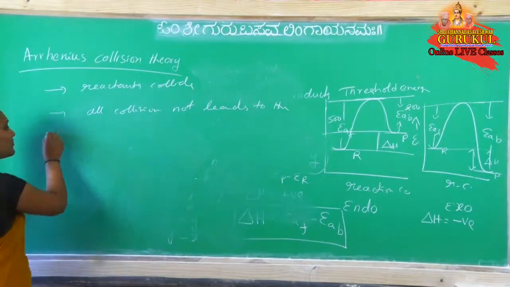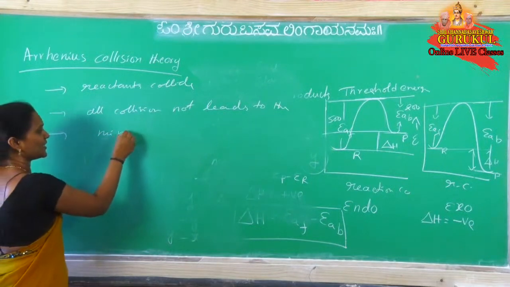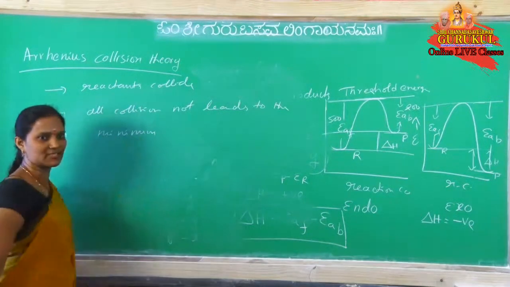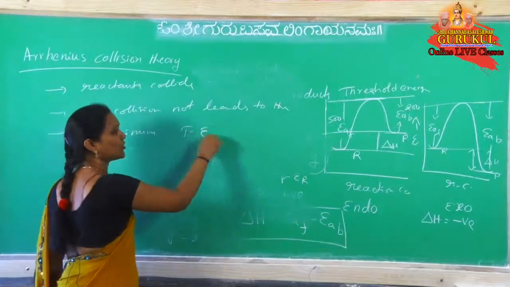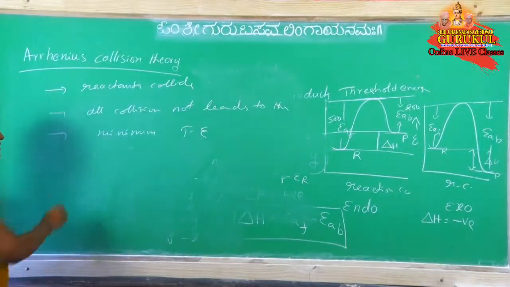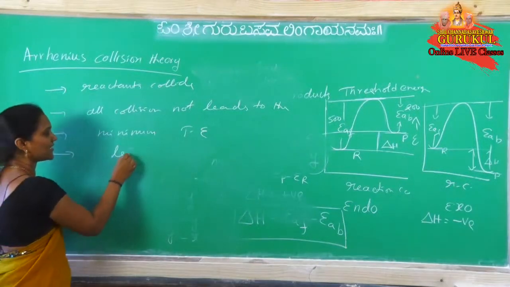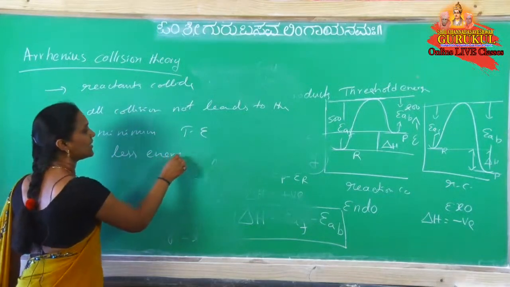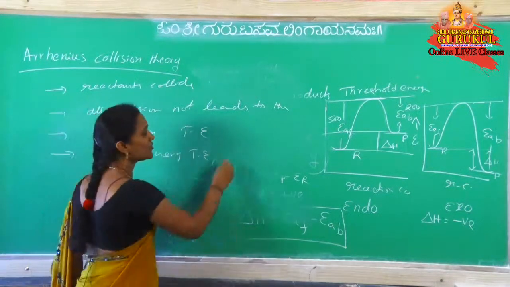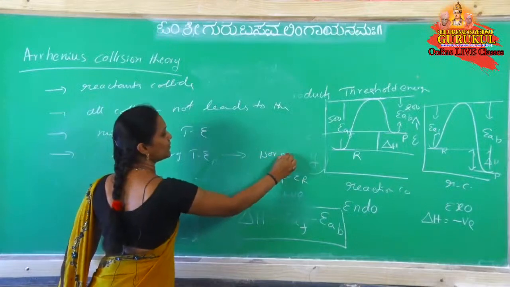Why not? A minimum energy is required to form the products. That minimum energy is called threshold energy. But the problem is most of the reactants have less energy than this threshold energy. Those molecules are called normal molecules.